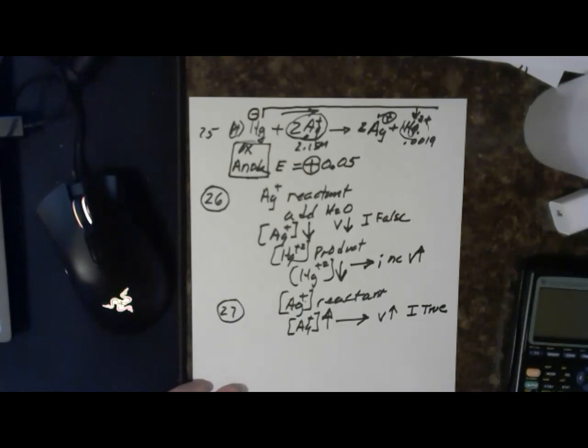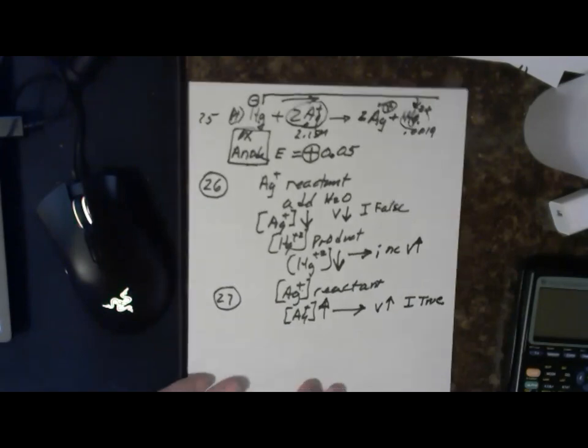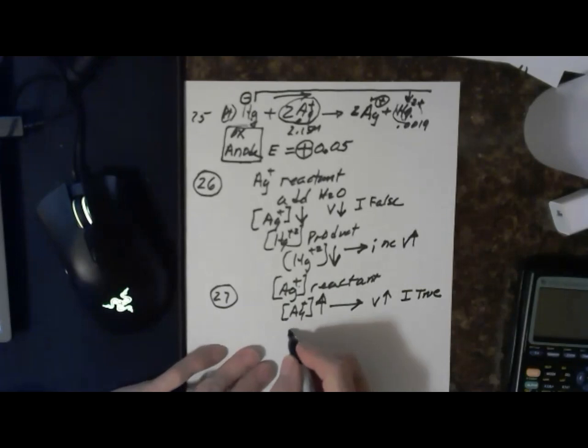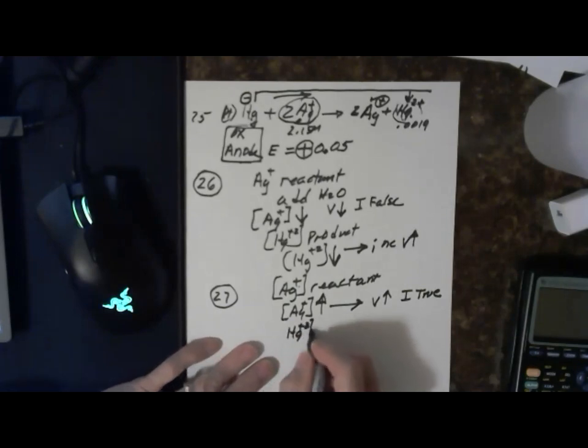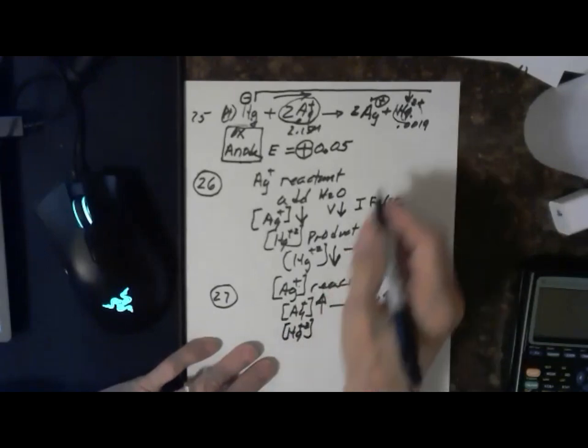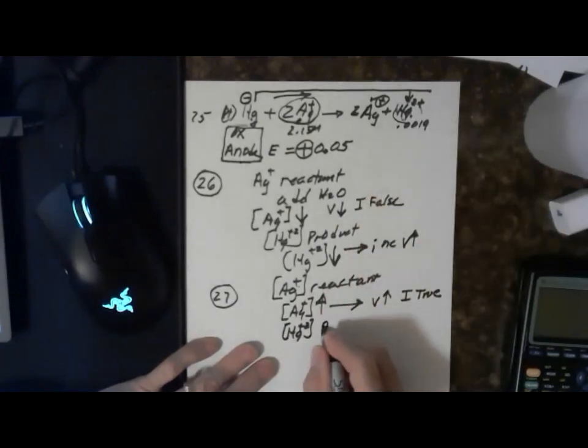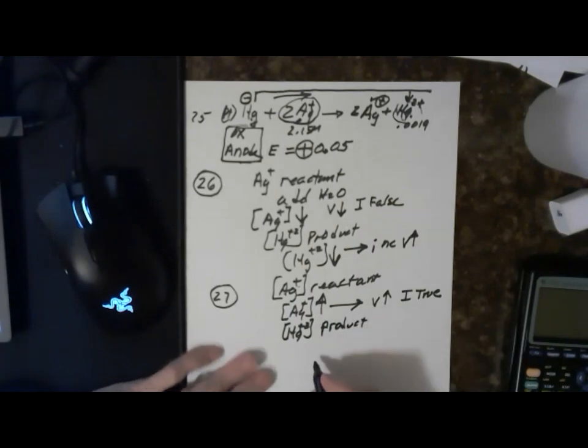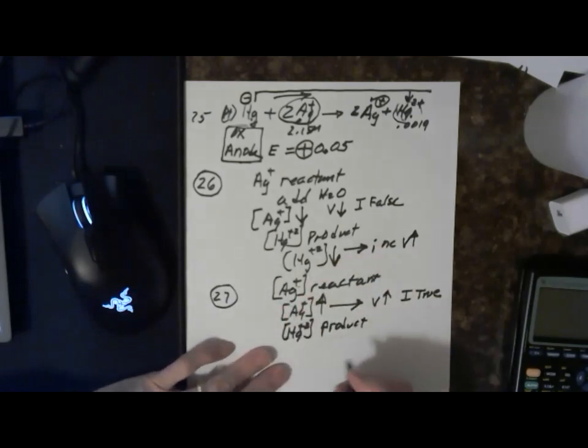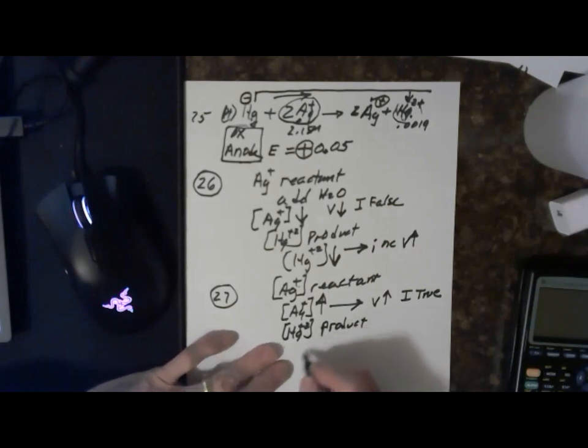All right, it says adding mercury nitrate to the mercury compartment. So let's look at the Hg2+. Notice Hg2+ is a product. And I'm going to add mercury nitrate, mercury 2 nitrate, to it. That's going to increase the product concentration.